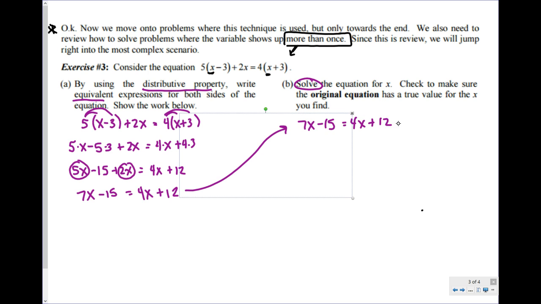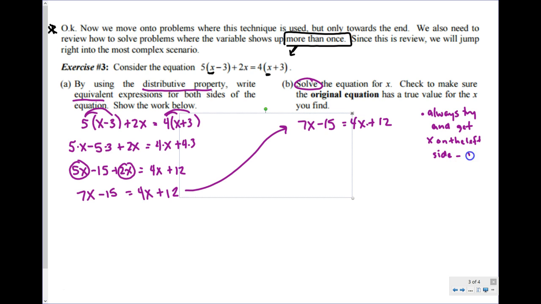And how do I know what to do now? Because I've got x's on both sides and numbers on both sides. It's confusing. Well, a good rule of thumb is always try and get x on the left side.